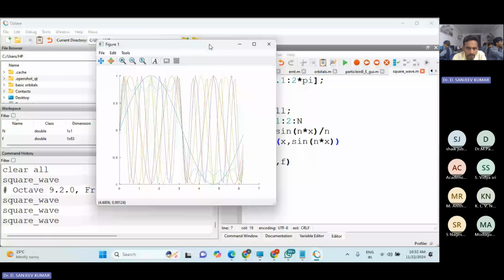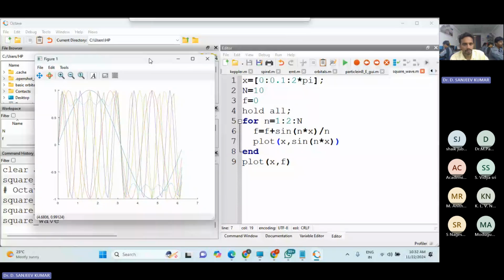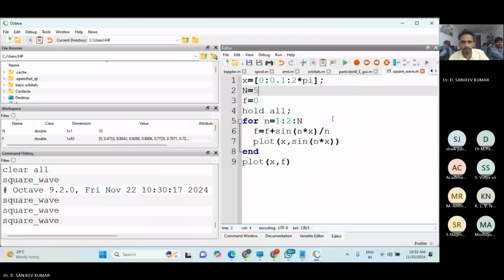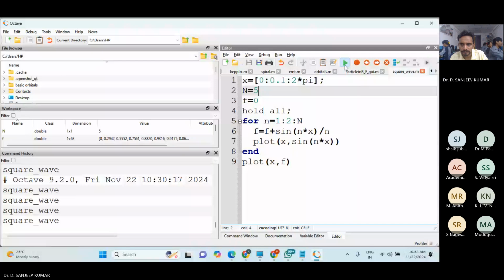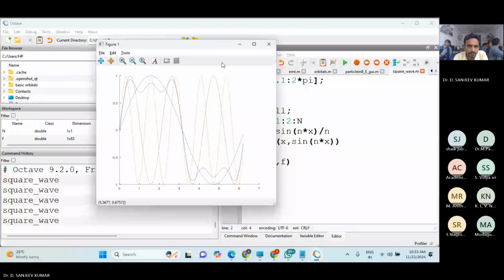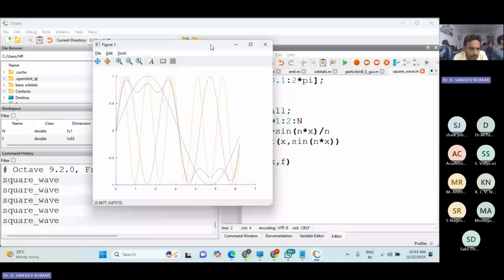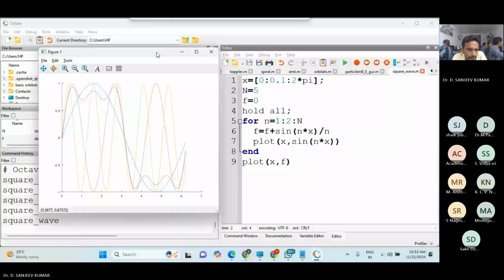I'll start with lesser contributions, so I'll start with 5. So this is the ultimate configuration.